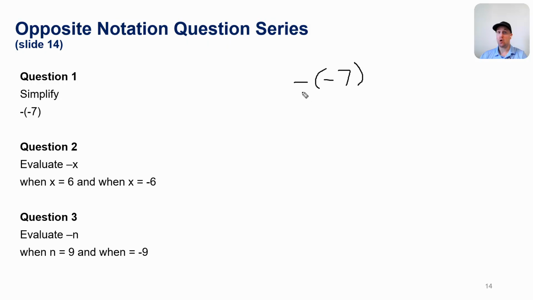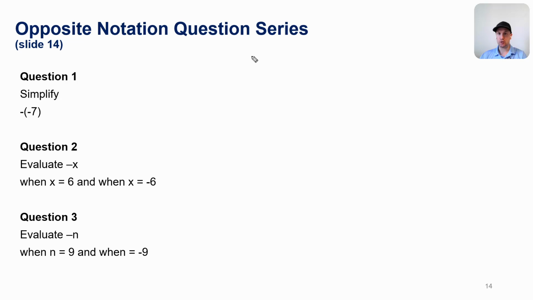So this is asking, what is the opposite of negative 7? Well, if I look at my number line here, the opposite of negative 7 is the reflection on the other side, which would be positive 7. So positive 7 would be our result for question number 1.